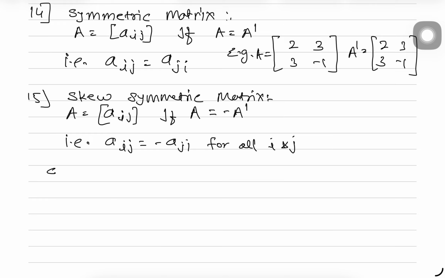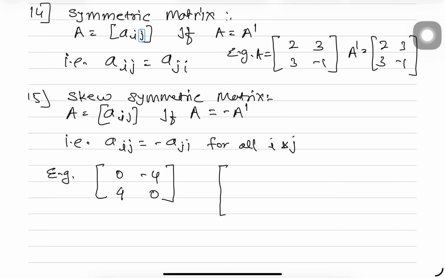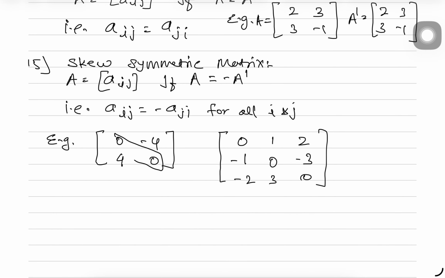Examples: 0, minus 4, 4, 0. Next, 0, 1, 2, minus 1, 0, minus 3, minus 2, 3, 0. And there is a condition: the diagonal elements of a skew symmetric matrix are always 0.